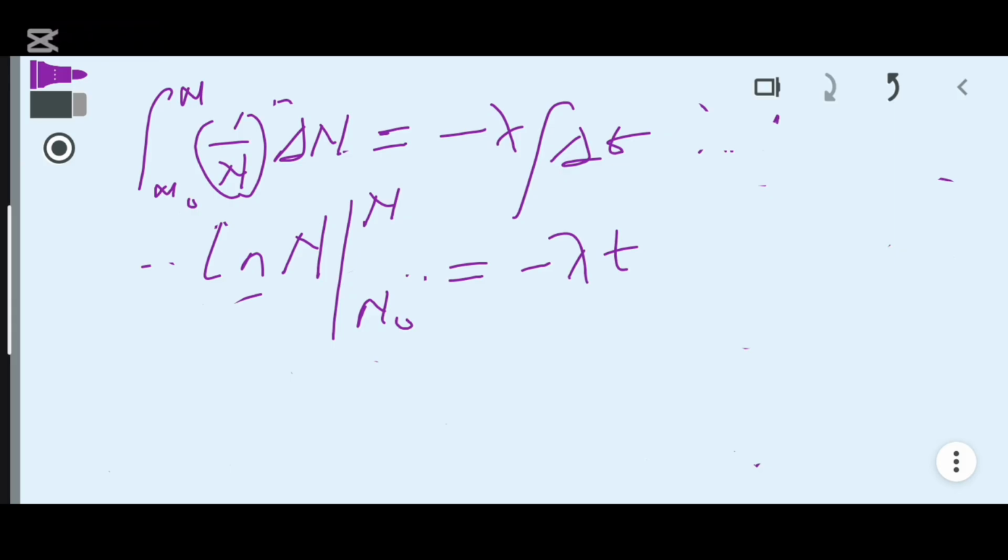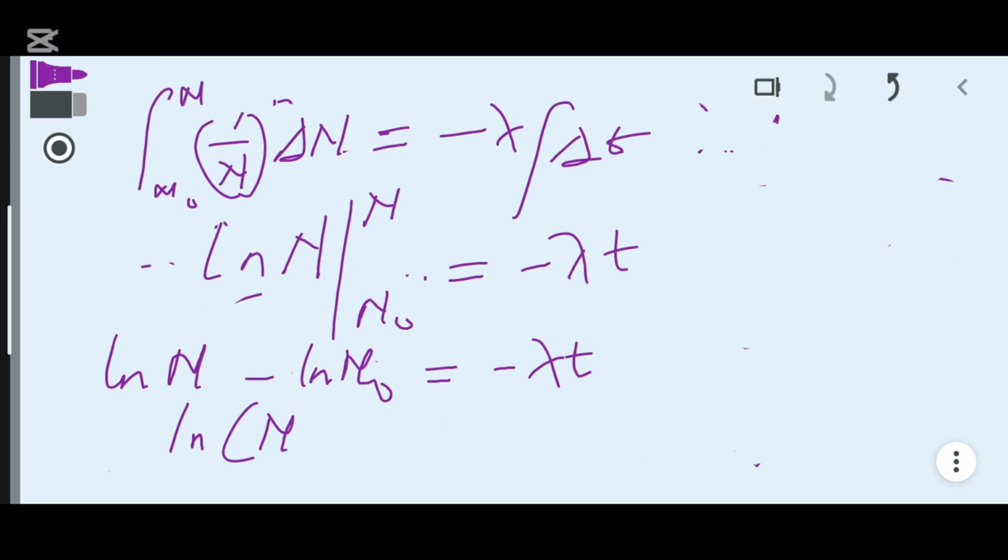If we substitute for our upper and lower limits, we have ln N minus ln N naught equals minus lambda times time, such that ln of N divided by N naught equals minus lambda times time.